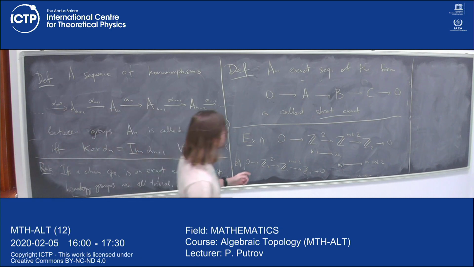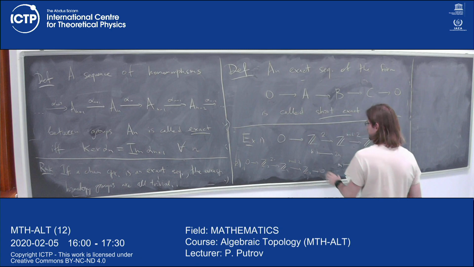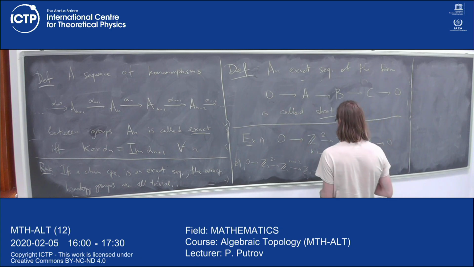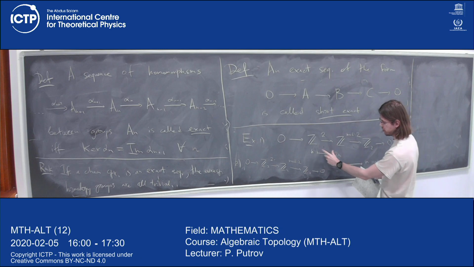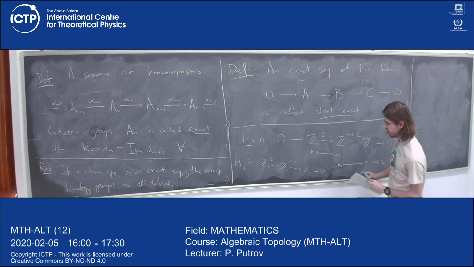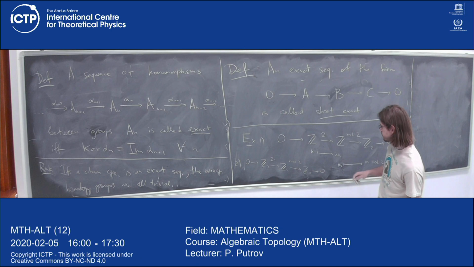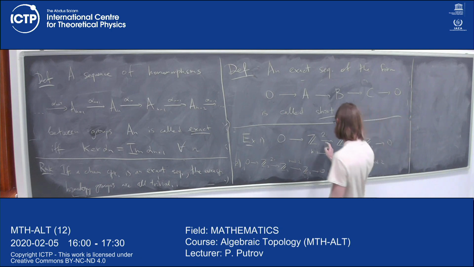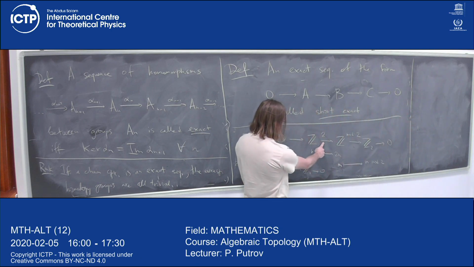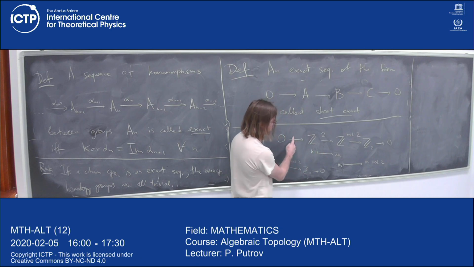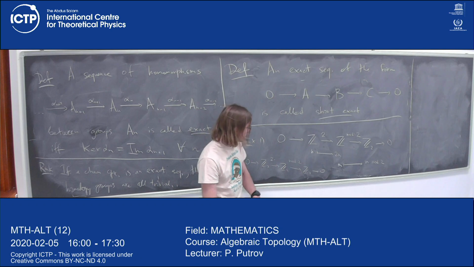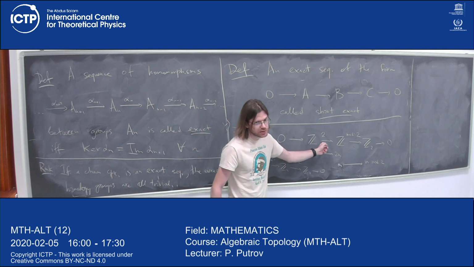So in particular, we actually have to check that exactness is also satisfied at the ends. The kernel of this map should be the image of this map. The image of this is of course trivial, but the kernel is also trivial.